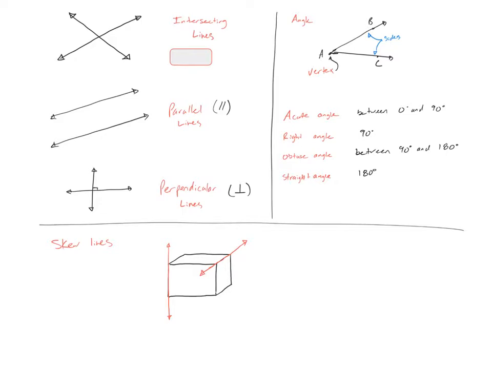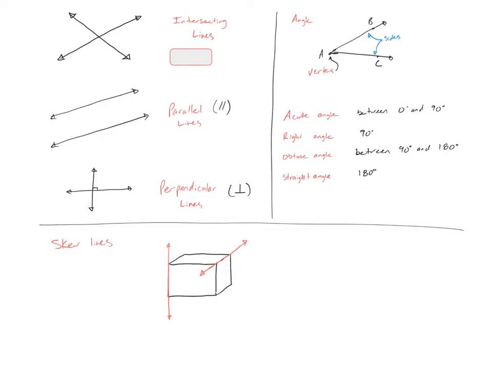All right, when we're talking about lines, if they cross each other, then they're what we call intersecting lines. If they never cross each other, like this one here, then we call those parallel lines, and this is a short abbreviation for parallel lines. So these are parallel. And if they intersect at a particular angle, like at a corner at 90 degrees, we call that perpendicular lines, and we use this symbol for perpendicular.